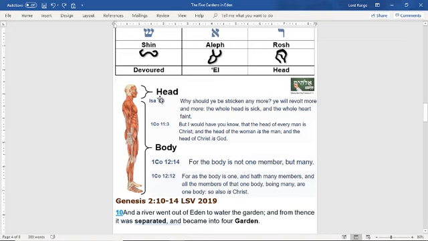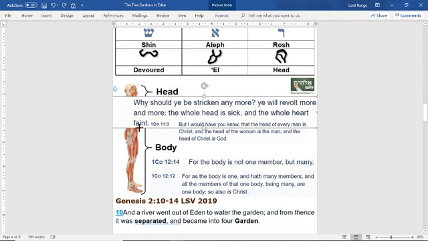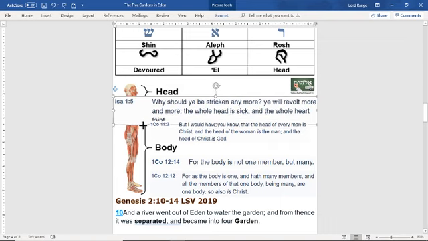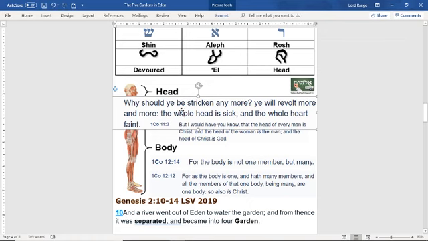So again, if there's a head, it represents something that has a body. And just to go over two verses for you, if you go to Isaiah 1:5, it says, "Why should you be punished anymore? You will revolt more and more." This is talking to the children of Israel because they were disobedient.